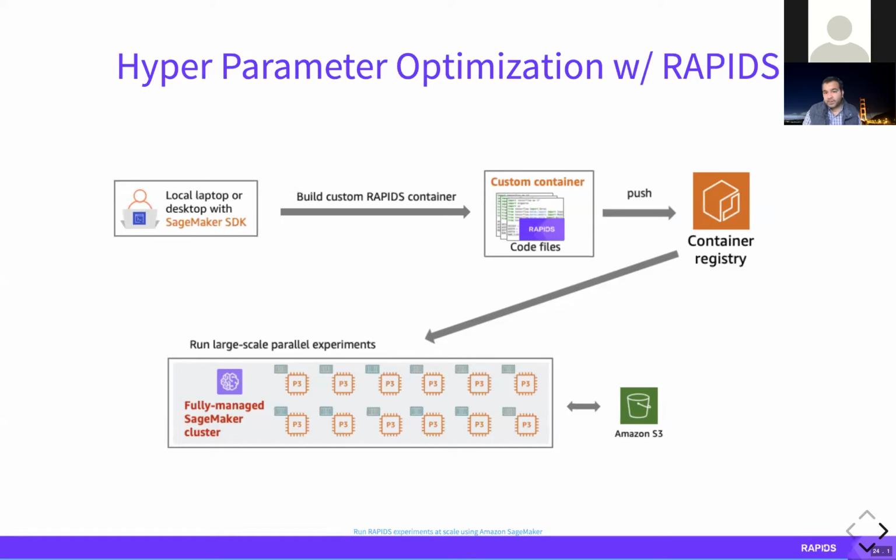You need to push that to a container registry that exists within Amazon, and you need to then enable SageMaker to access that and run all of these experiments in parallel, and in turn communicate with S3, which is a bucket or a storage solution by AWS, and where all your results will be stored. SageMaker also gives you an interactive way to look at your experiments and the results and a nice GUI, and you can check it out on SageMaker's website.